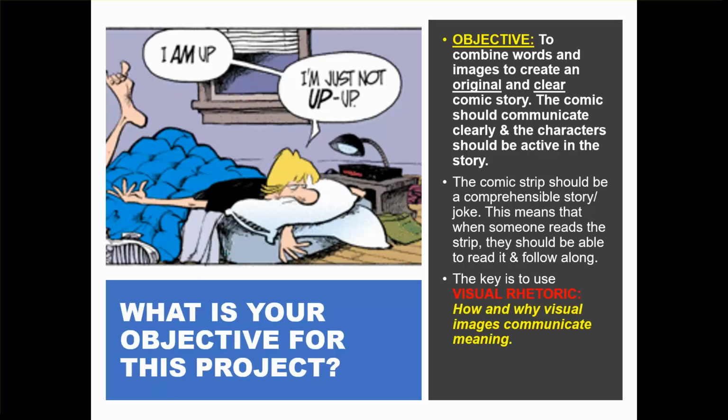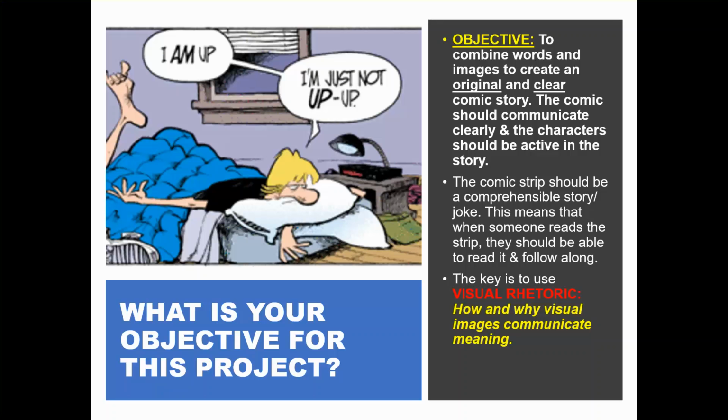And really, for the first part of this presentation, we're going to focus on how your characters can communicate clearly to help your comic. So the comic strip should be a comprehensible story or joke. This means that when someone reads the strip, they should be able to follow along. And we'll break that down during the second half. But this first half is really just going to be about the character design and character creation.